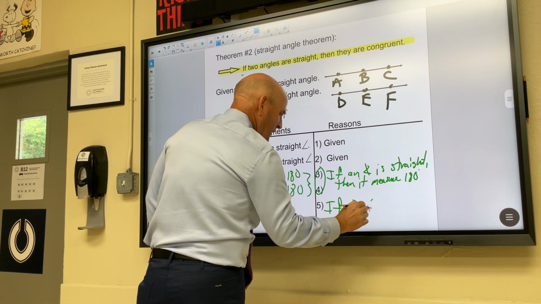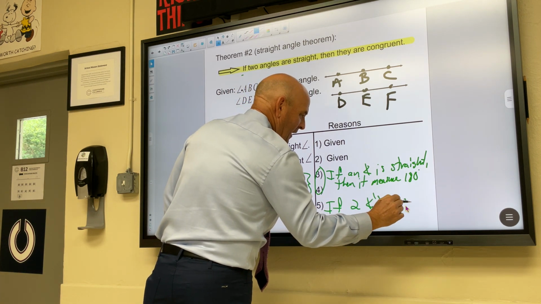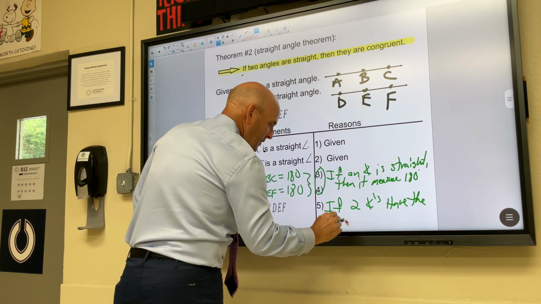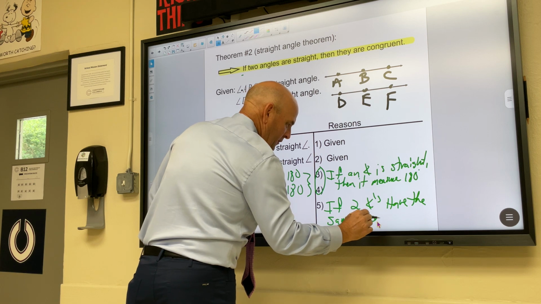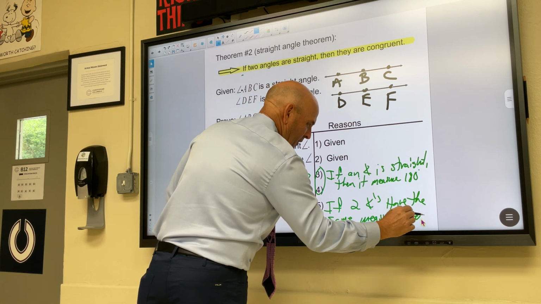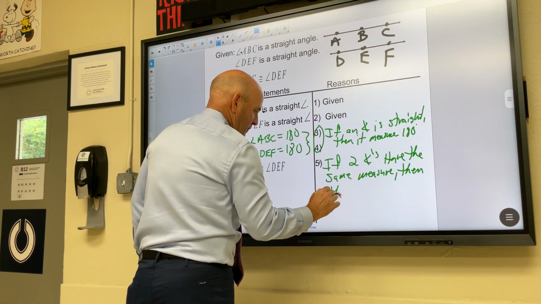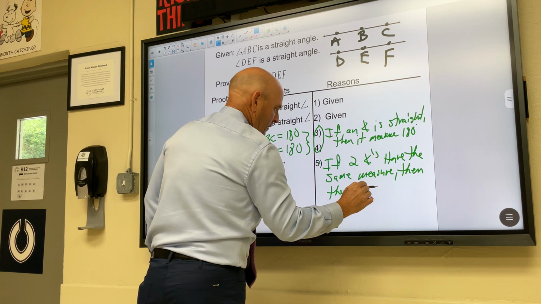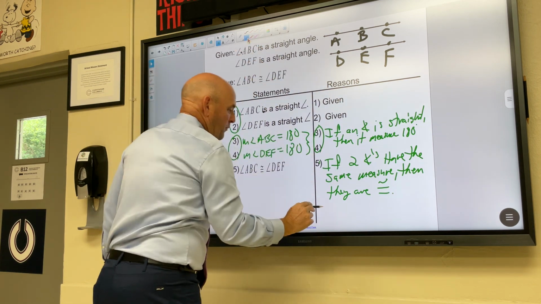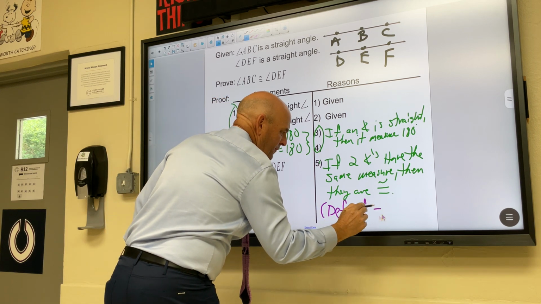If two angles have the same measure, then they are congruent.